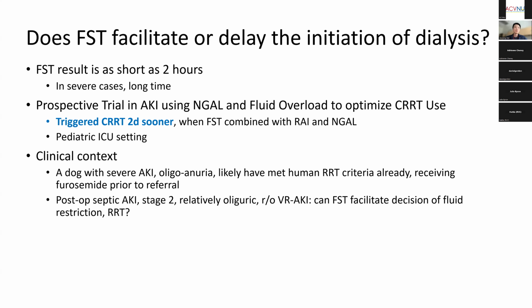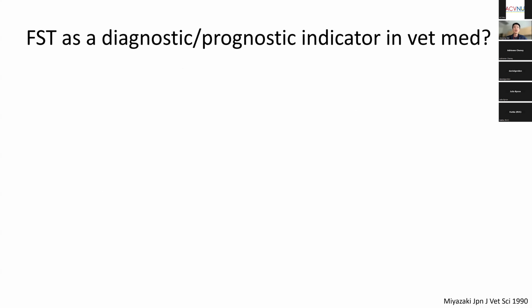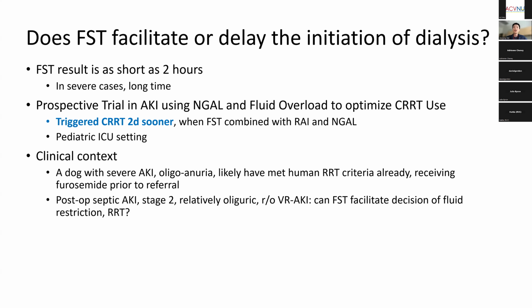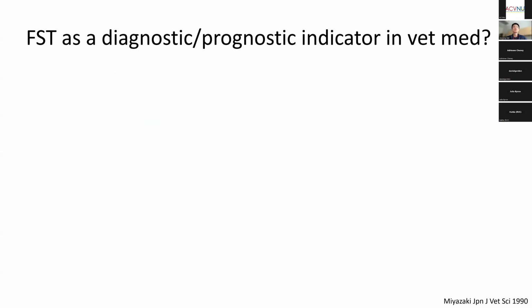Versus a patient who comes in as a post-op AKI that is stage 2, relatively oliguric, with volume-responsive AKI ruled out, maybe it could help facilitate the decision? I think that is the question to be answered, and there are a lot of other things to be considered other than just the performance of the test itself.